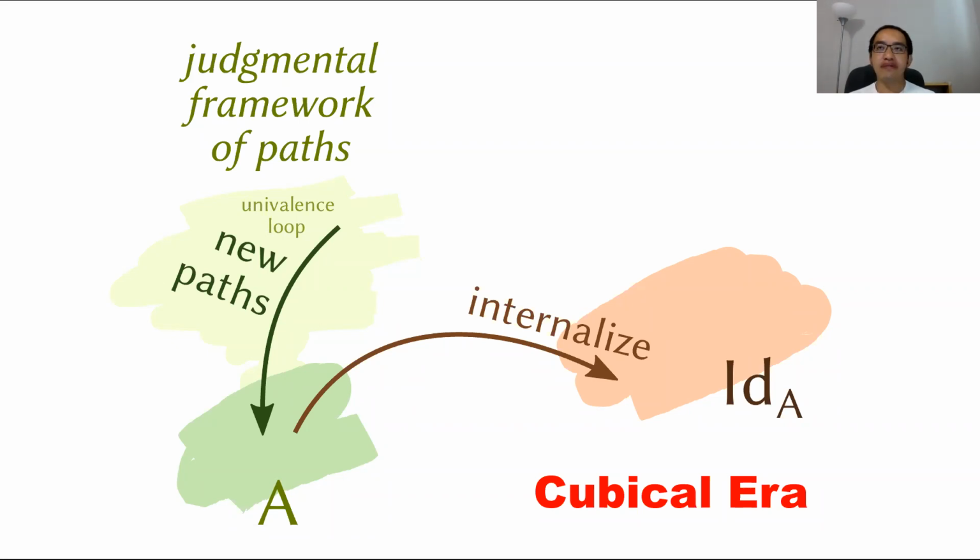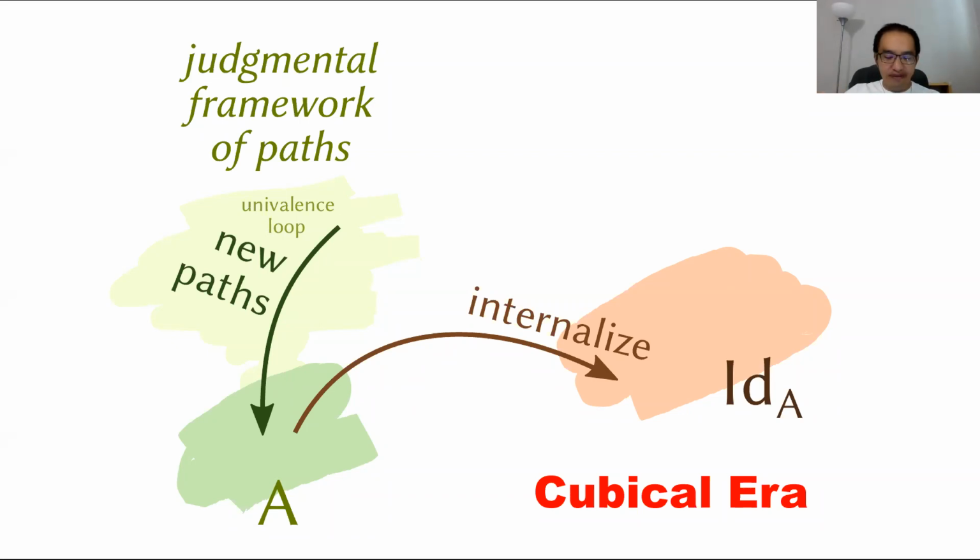For example, if you're throwing the loop as a path constructor into the ID of S1, but your elimination rule is for S1, how would the elimination rule know that you're just throwing some garbage into ID S1, or some ID A for some type A?